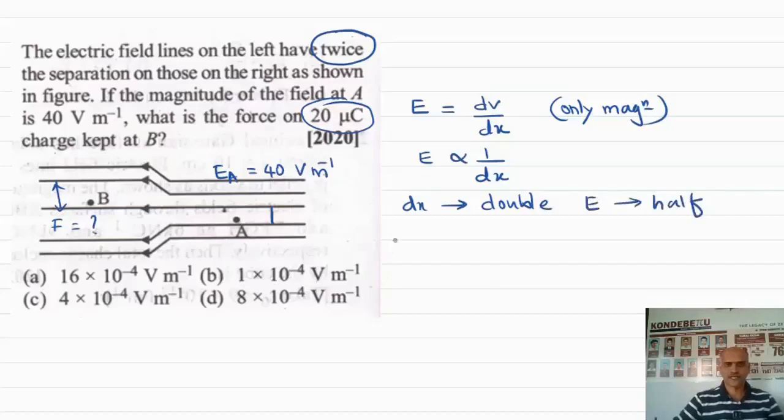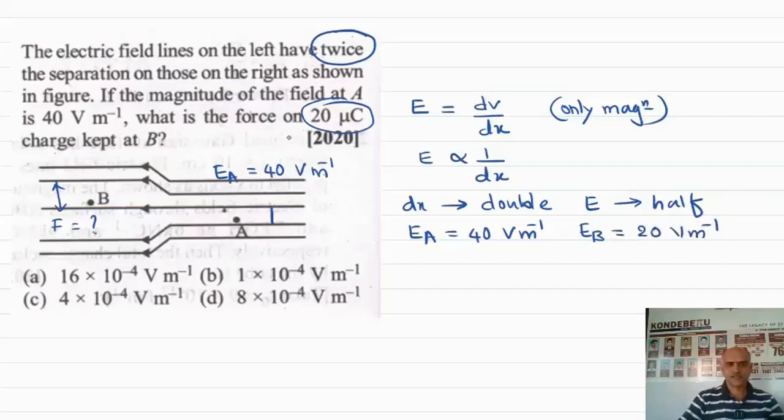So EA is given as 40 volt per meter. At point B the separation is double, which means E becomes half. So at B it will be 20 volt per meter. Now what do you have to find?